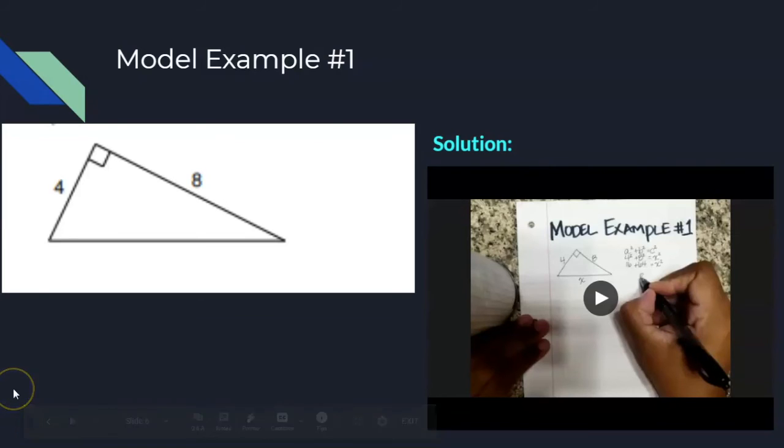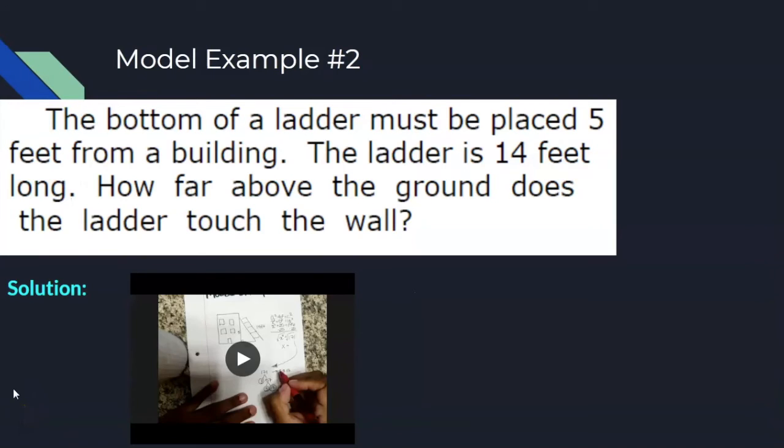Let's look at the next example. Now in this example, you have to draw a diagram. So I'm going to give you a minute or so to read the problem and draw yourself a diagram.